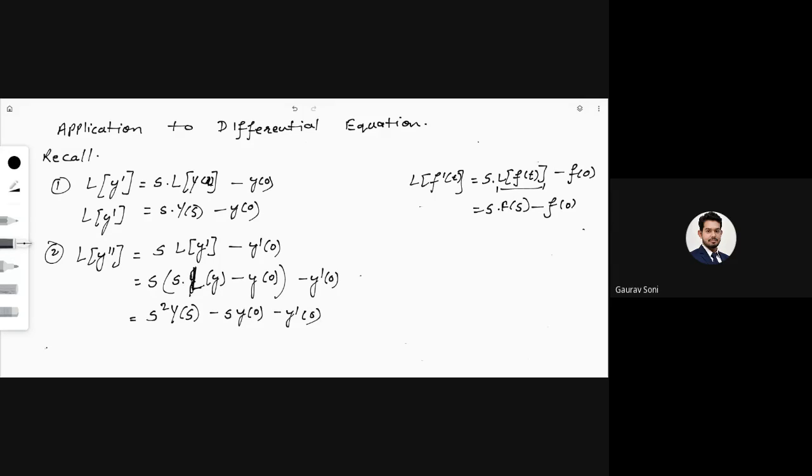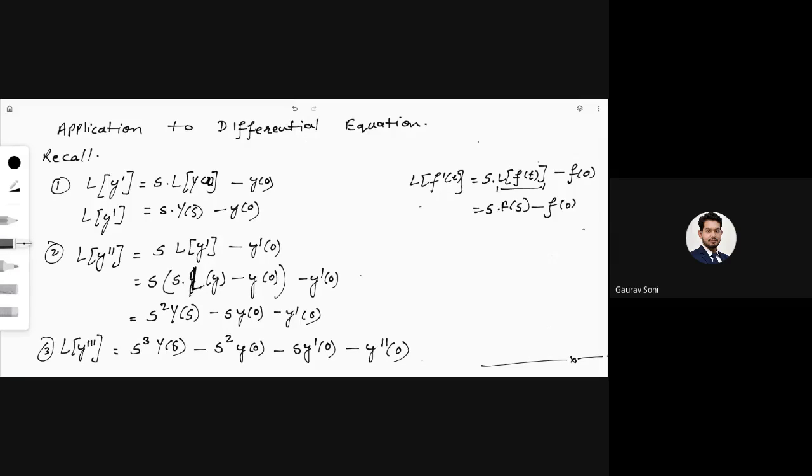And the third one, Laplace of y triple dash. Now you can generalize from this what we will have: s³ capital Y(s) minus s² y(0) minus s y dash at 0 minus y double dash at 0. If you want, you take a screenshot of it. While solving examples, we will use this directly.